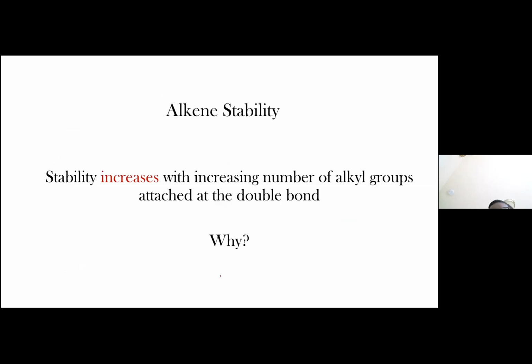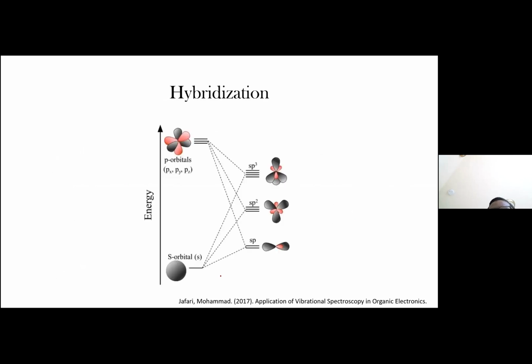Like we said, stability is going to increase with increasing numbers of alkyl groups. To think about why, we're going to take it back to Gen Chem. And despite how terrifying this looks right now, we're going to break it down to make it more digestible. Right now we have sp3, sp2, and sp. What are hybridized orbitals?